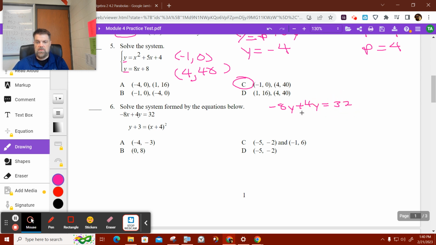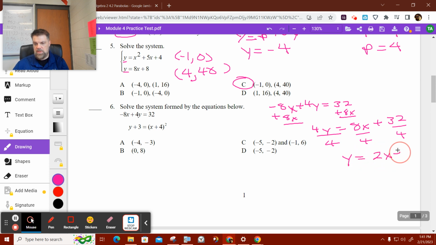I'm going to add 8x to both sides, and I get 4y is equal to 8x plus 32. I'm going to divide by 4, and I get y equals 2x plus 8. That's the first equation I'm going to enter in.